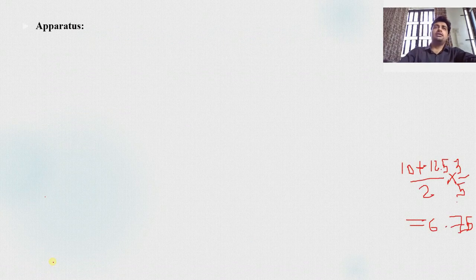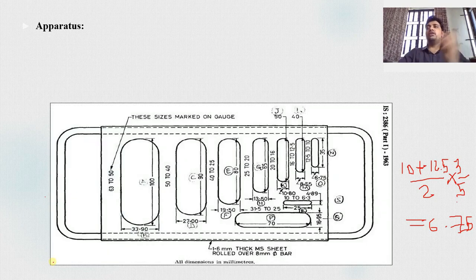Let us understand the apparatus used for the flakiness index. You can see in the photo this type of gauge, used for finding the flakiness index.